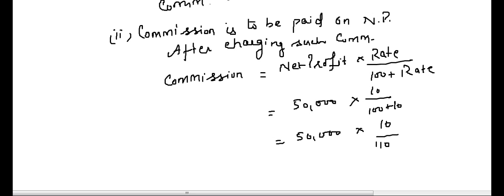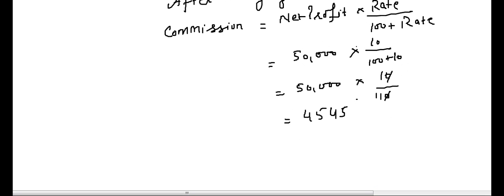Clear? So this is the formula for calculating. Now this amount will be 50,000 divided by 11. This will come to approximately 4,545. Clear?